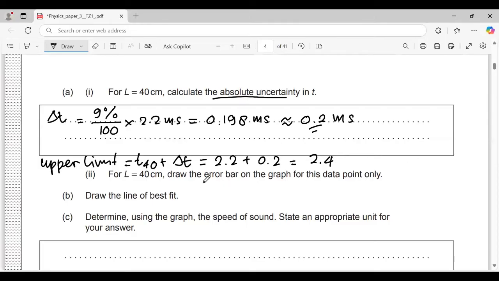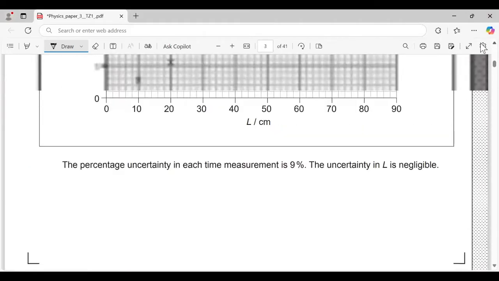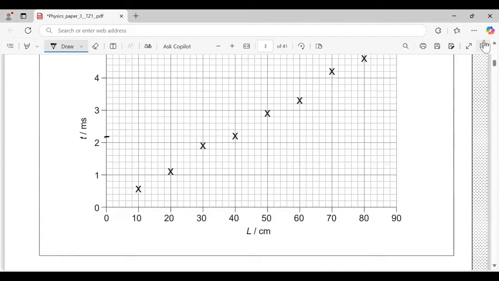And then the lower limit is t minus delta t, it is 2.0. So the error bar is a straight line from 2.0 to 2.4. This is the error bar.